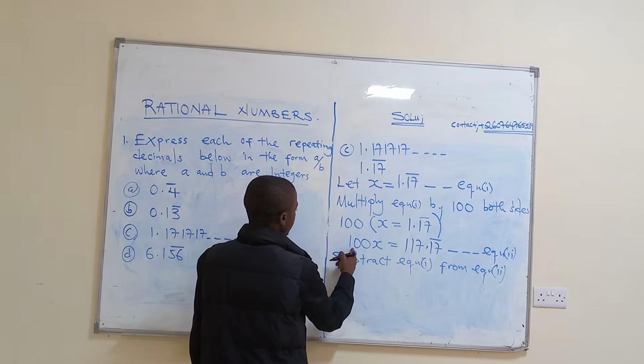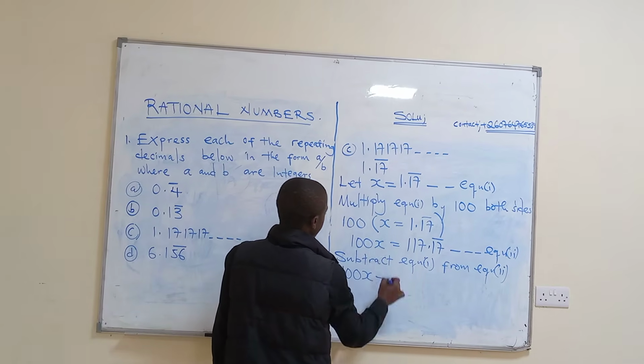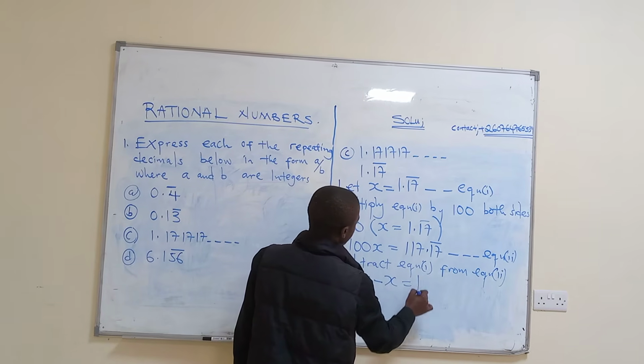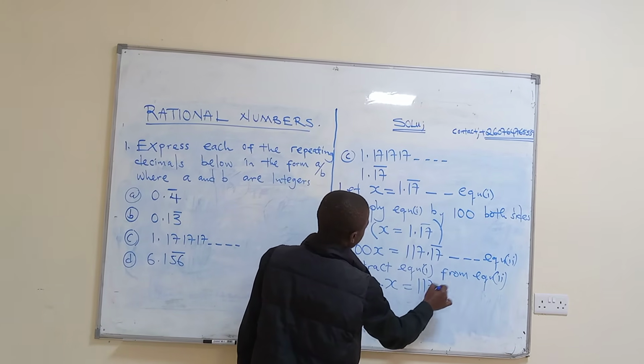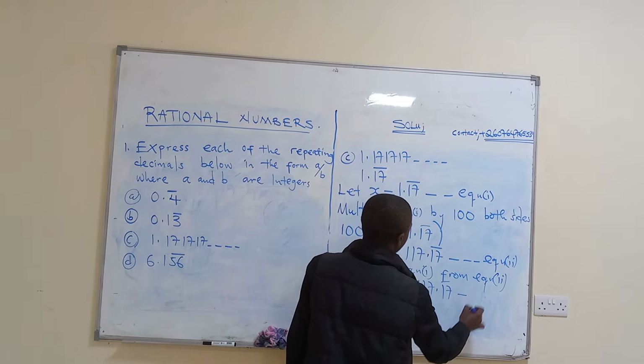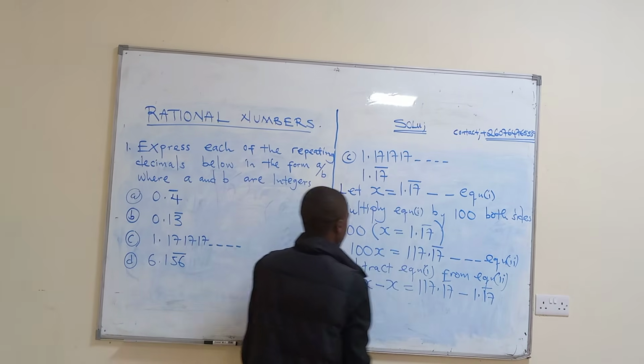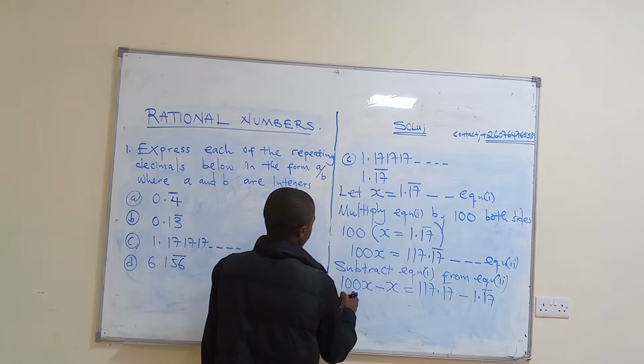That is, you are going to get 100x minus x is equal to 117.17 with a bar, subtract 1.17 with the bar.